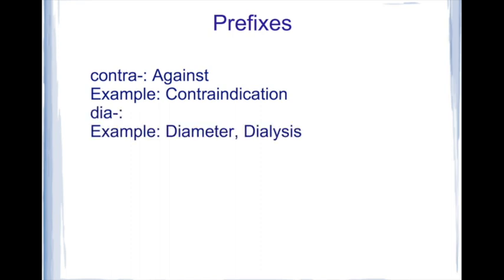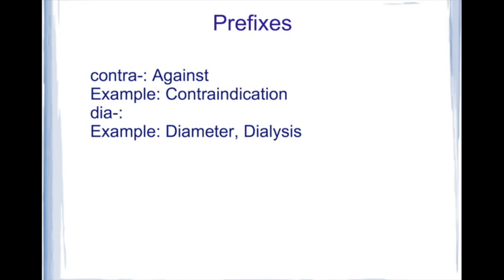So if we were to measure the diameter of something, we are measuring what distance? When somebody's having dialysis performed, their body can't eliminate enough waste, right? So somehow we have to get that waste out of the body. Dia means through.